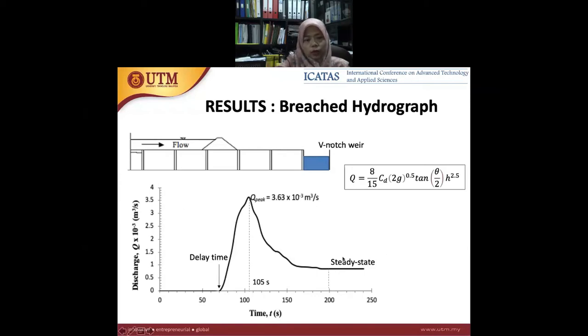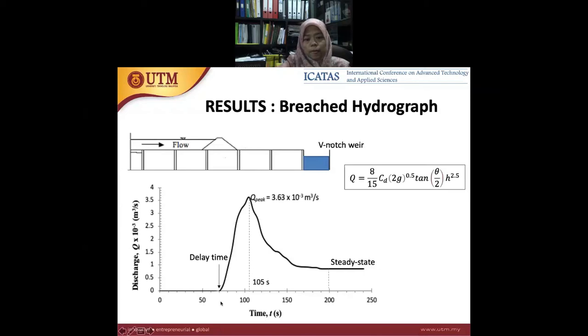From the hydrograph, we can see there is a delay time of around 54 seconds before the breaching starts. Why? Because the flow has to travel the length from this point to that point.